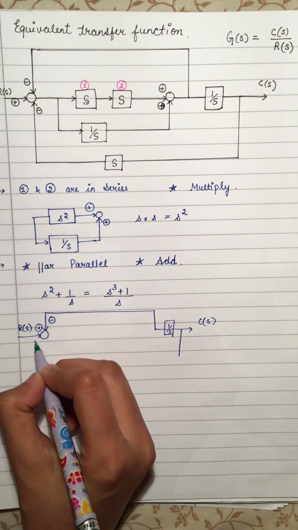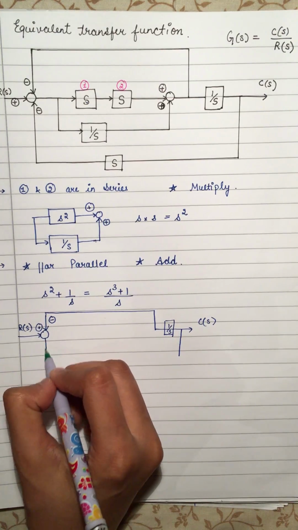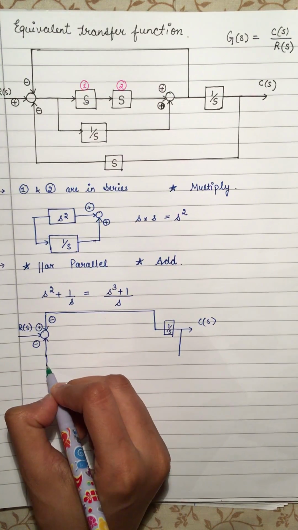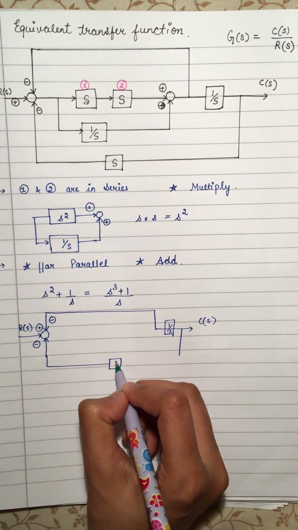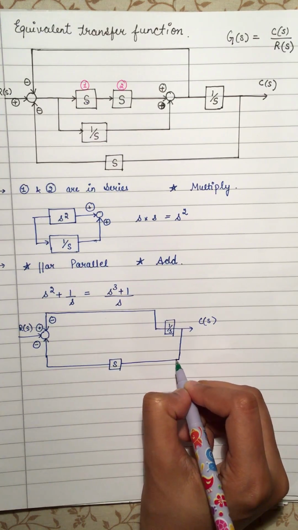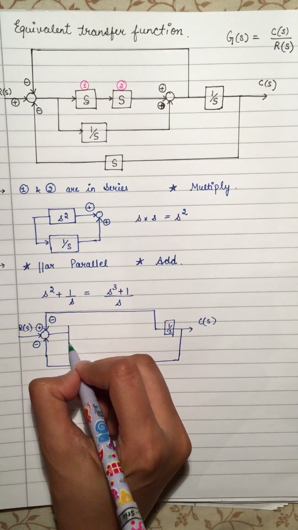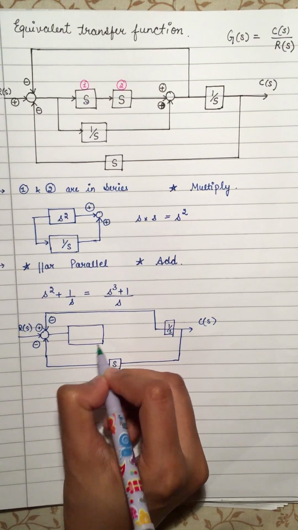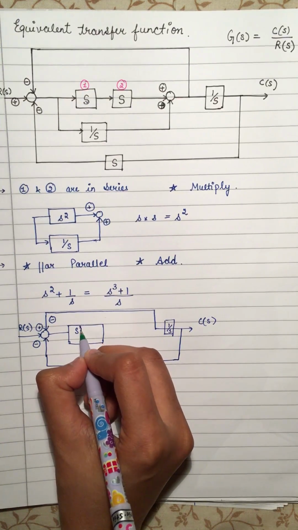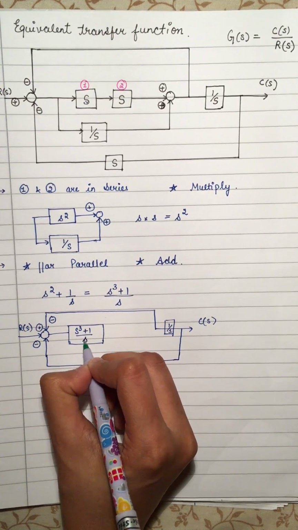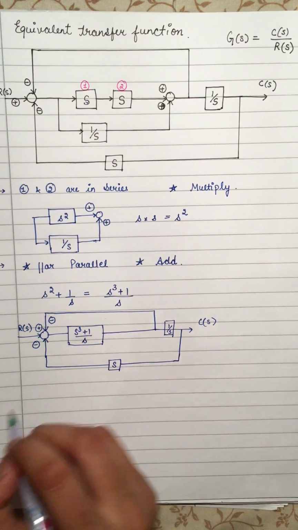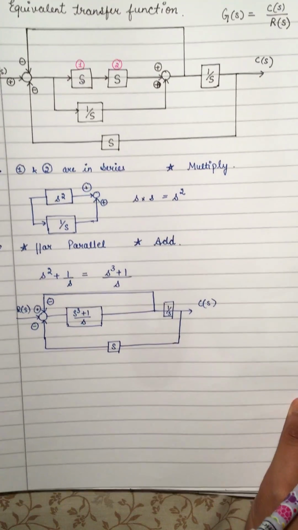From here it's going again negative loop, and it got s in the feedback loop. And here we got now our new G(s), that will be s cube plus 1 by s, and it's going forward. Now this is the equation.